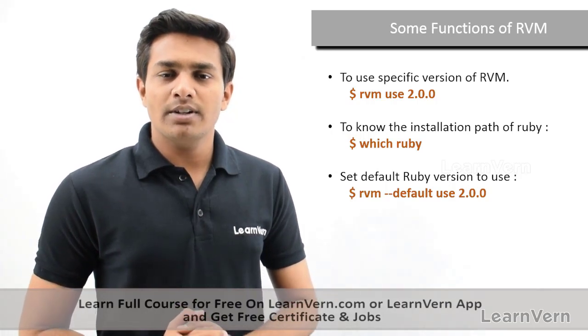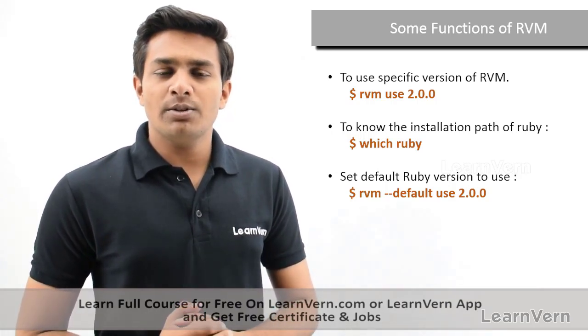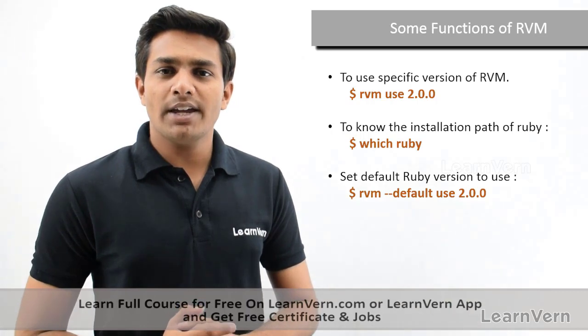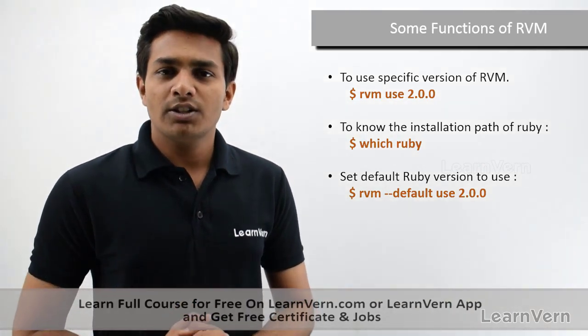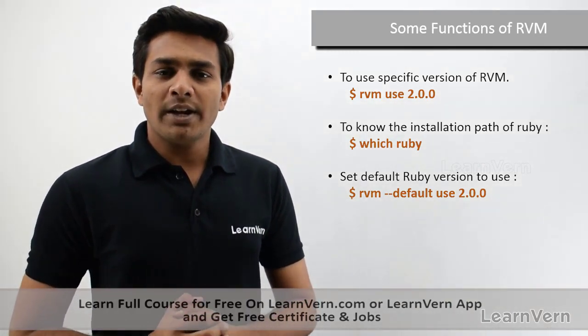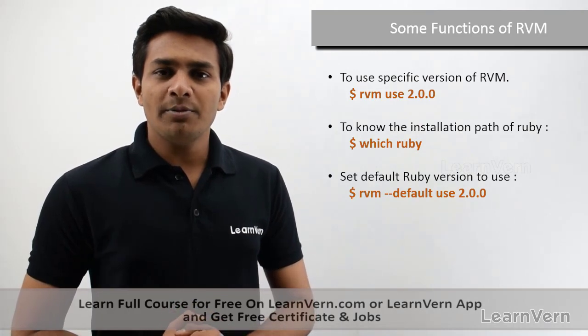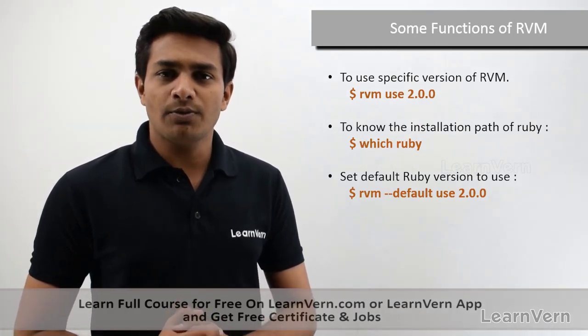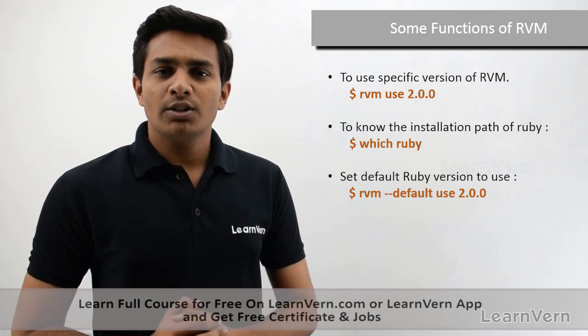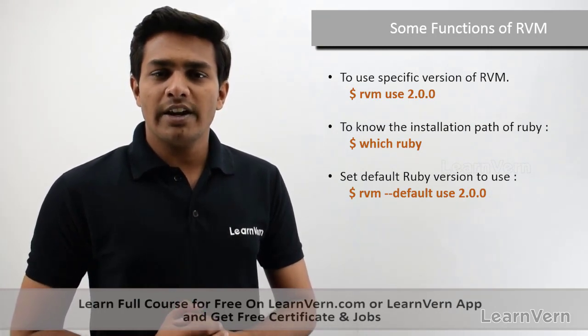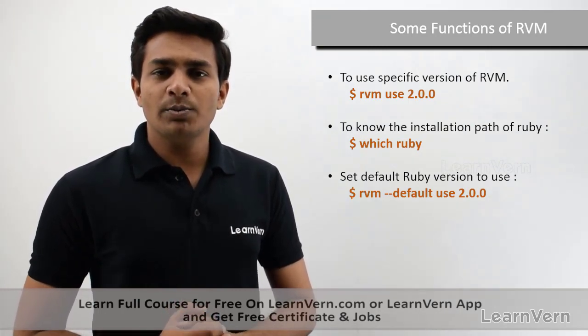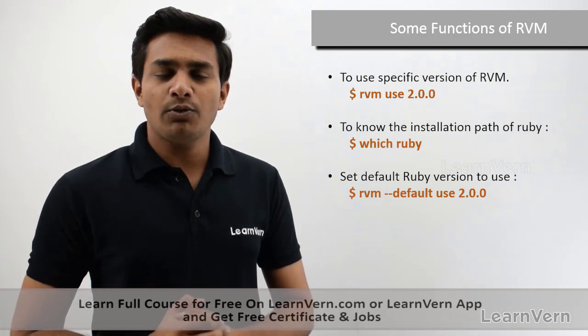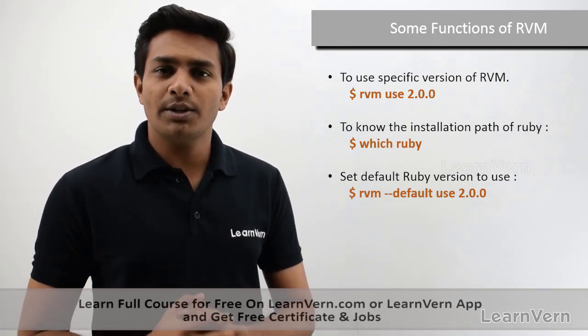Here in the example, I want to set Ruby version 2.0.0 as my default Ruby version. So in this case my command is rvm default use 2.0.0, and RVM sets Ruby 2.0.0 as the default version for my local machine.